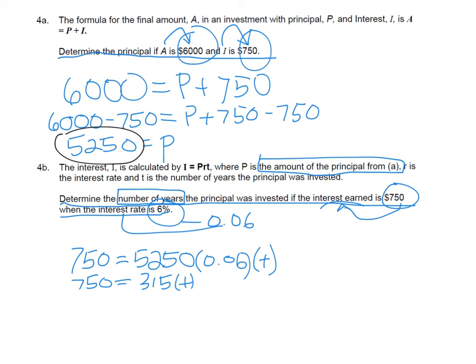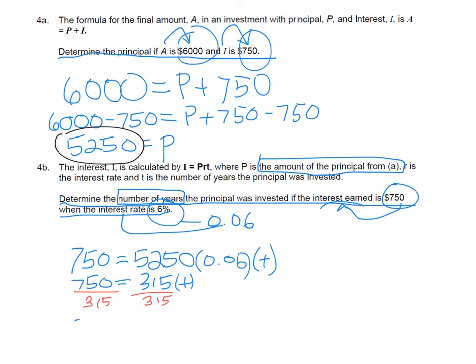And so now here I have 315 times t on the right hand side. So to isolate t, I'm going to have to divide both sides by 315. And when I do that, 750 divided by 315 gives me 2.38.